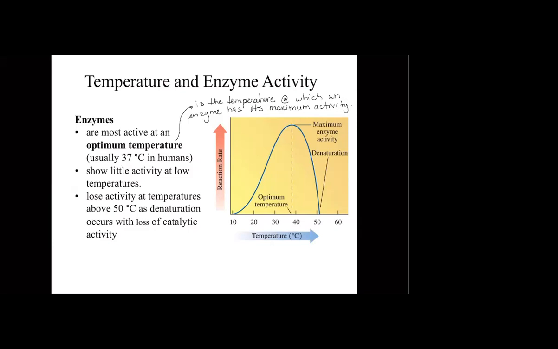Now, when the body temperature is lowering, notice that the activity is going down, down, down. Why is it that the activity of the enzyme is lowering when we're lowering the temperature?